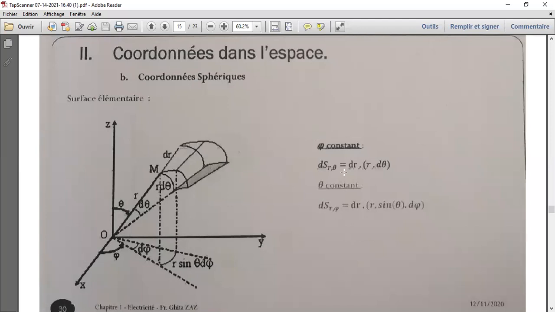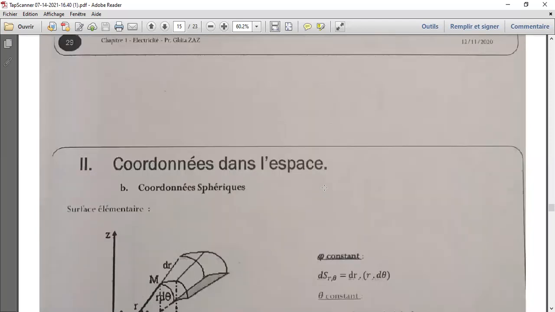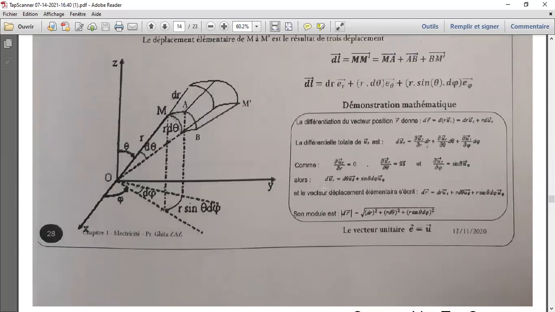So if theta is constant, it means d theta is constant, meaning the value in between here is supposed to give you 0. Since d theta is constant, when you differentiate the constant it is 0, and 0 times r is 0.